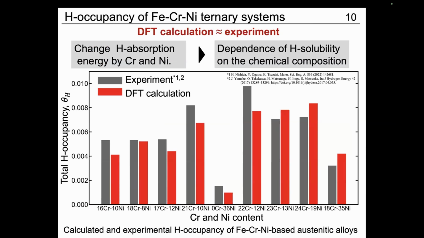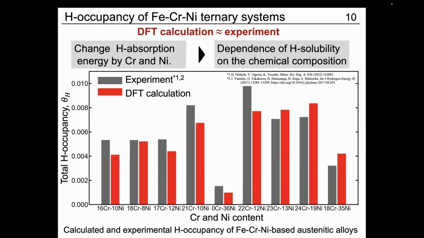The gray bar represents the hydrogen occupancy of the experimental value, and the red bar represents the calculation results. As you can see, in all alloys, the experimental value is consistent with the calculation result.